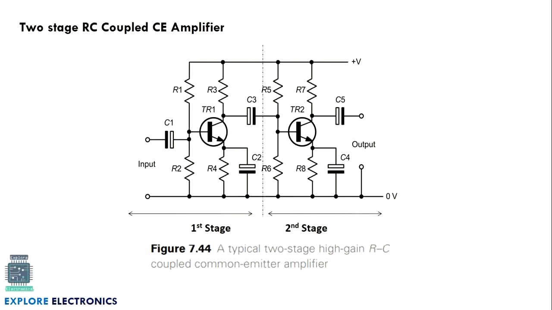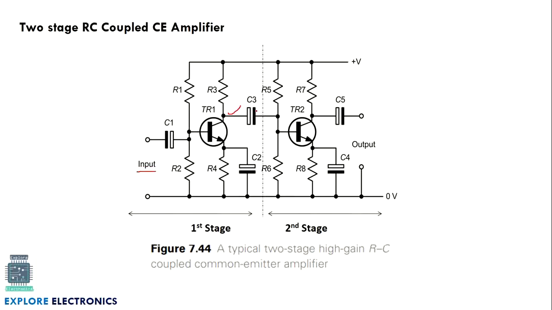Here is the example of a two-stage amplifier. This is an RC coupled common emitter amplifier, where you can observe this is the first stage and this is the second stage. Here we have used a bipolar junction transistor and a voltage divider circuit. By providing input here, we get the output at this point.